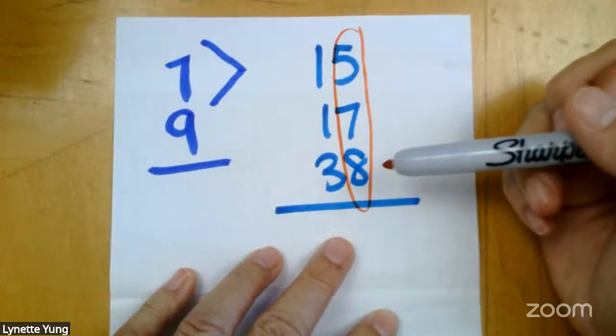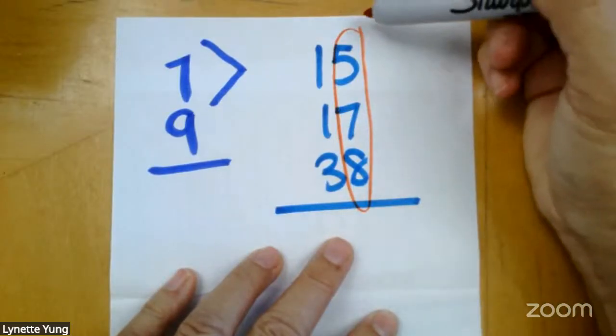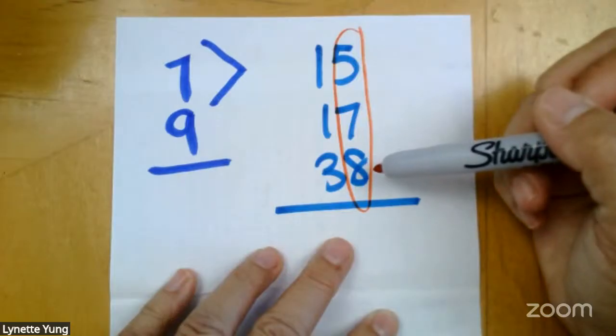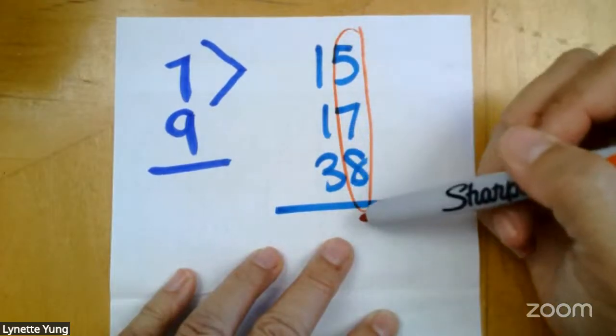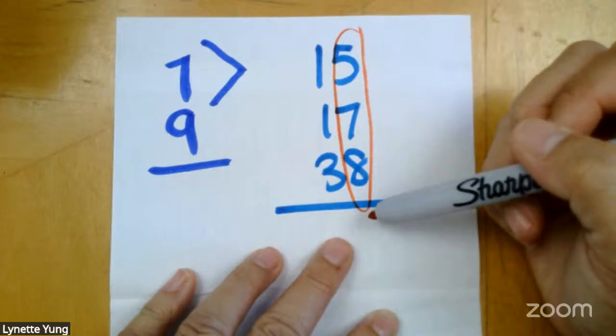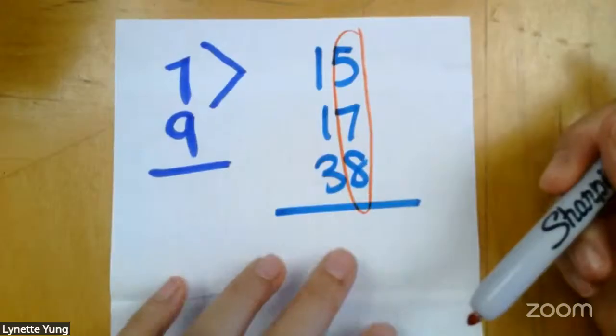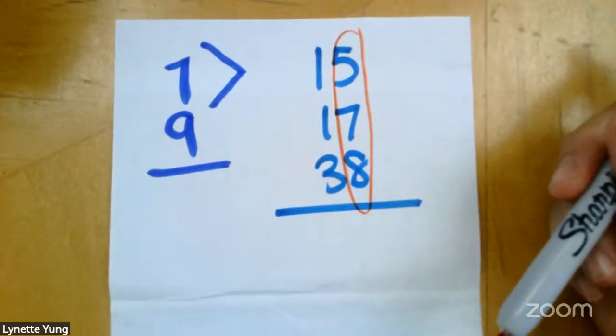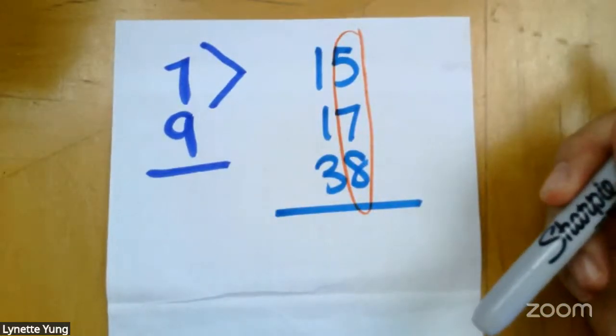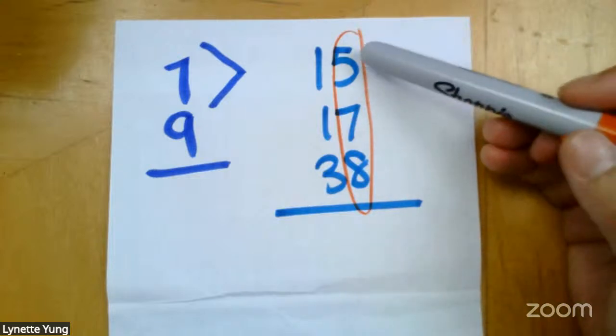Alyssa, I don't know if you can shine some light. If there were more numbers like this, do they tell you to add the ones first and then add the tens? Yeah, you add the ones first, or you try to see if you can find 10 in it.